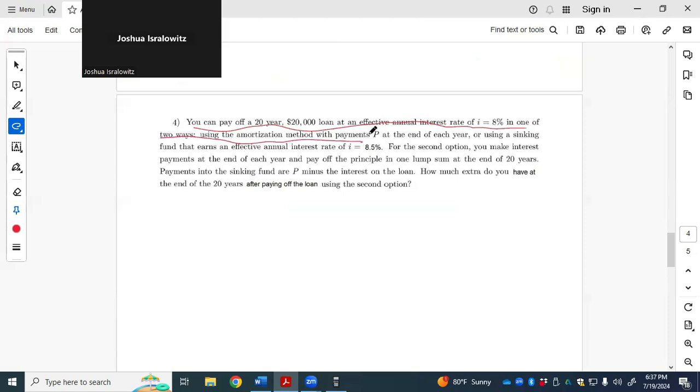We have payments of P. So P is also going to be sinking fund deposits plus interest payments, because payments into the sinking fund are P minus the interest on the loan. That's the point of this problem. I think I mentioned that in the example when I did it. We want these two schemes to be the same, but if we do that, you're going to have extra at the end of 20 years. So how much is that extra?